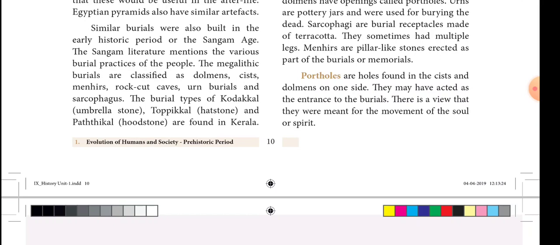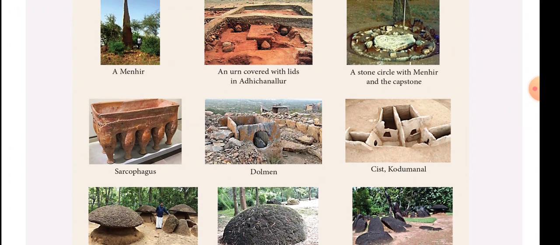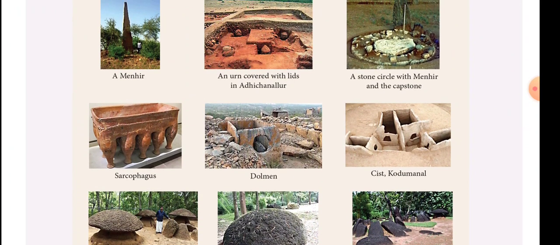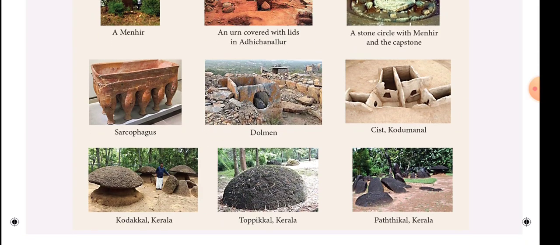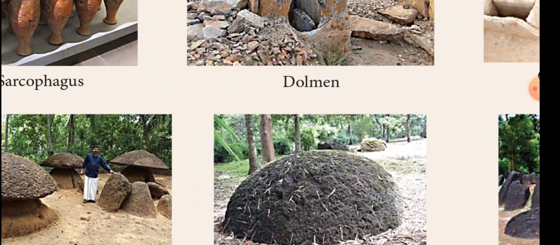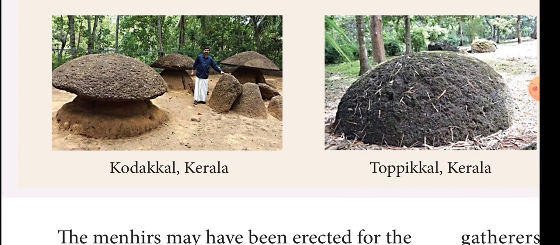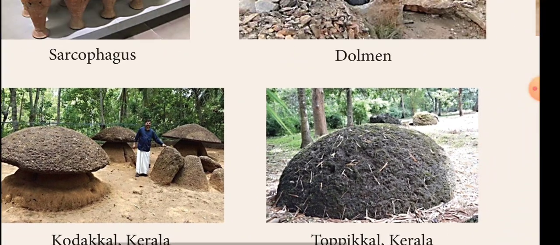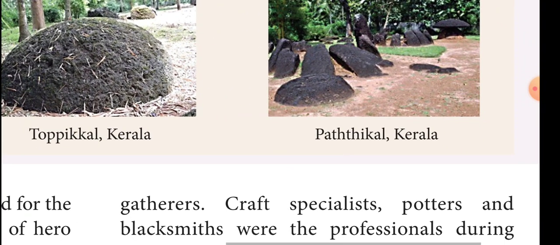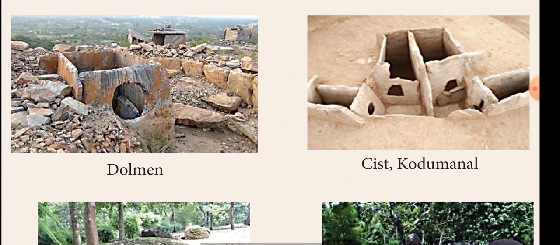And also he discovered some of the grave goods, and these are the types of megalithic grave goods. That means the megalithic burials. So you can see Topical in Kerala, Kodakal in Kerala, and you can see here Padikal in Kerala, Kodumanal.